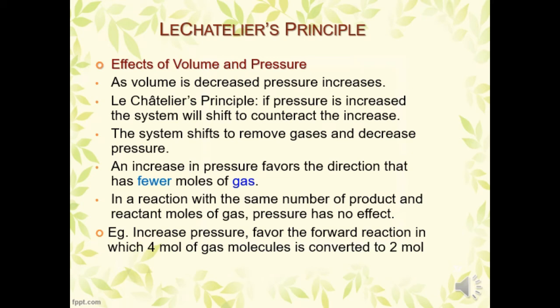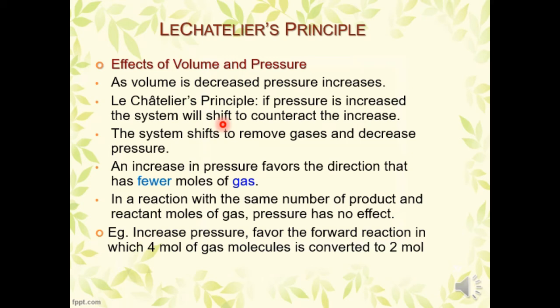Now let us see the effect of volume and pressure change. If we decrease volume, we increase pressure. According to Le Chatelier's principle, if pressure is increased, the system will shift to counteract the increase.